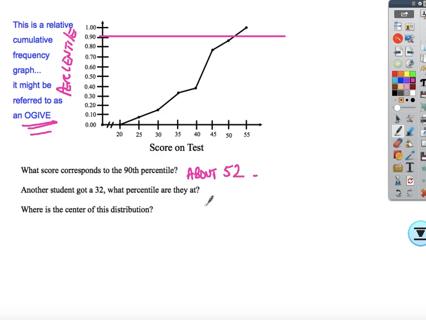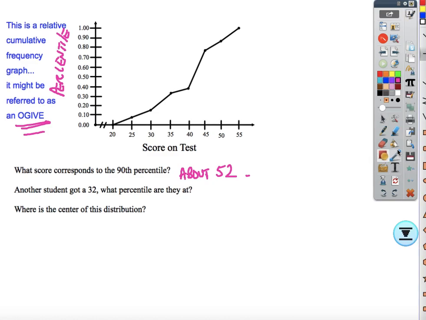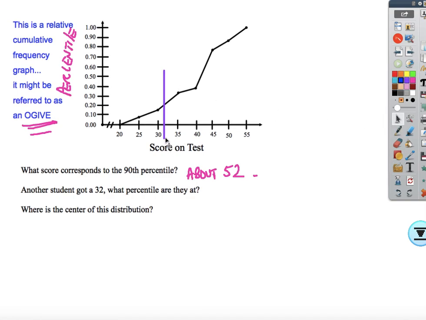Okay, let's say that a student got a 32. What percentile would they be at? So now I'm given information about the x-axis. So if I was to draw a vertical line at about where I thought 32 might be, and it's not perfect, you're eyeballing, so 32 would maybe be more like here.